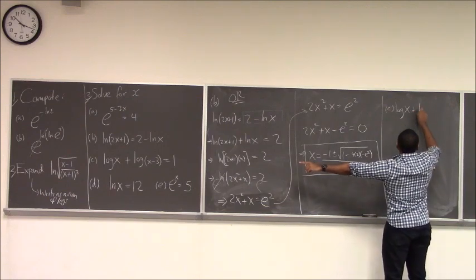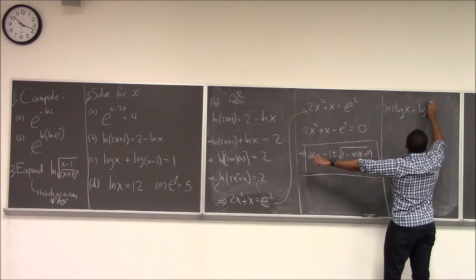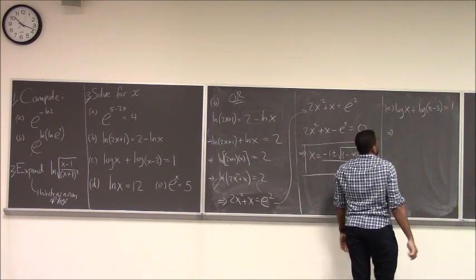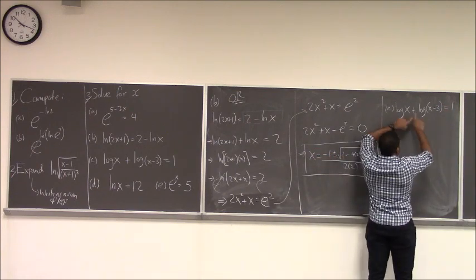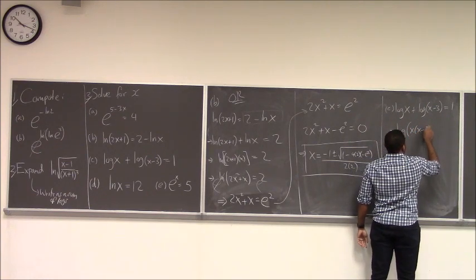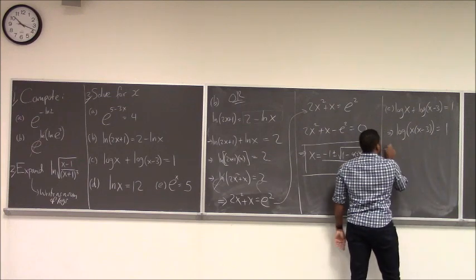Log x plus log of x minus 3 equals 1. How do you solve that? Combine these maybe. Now what?